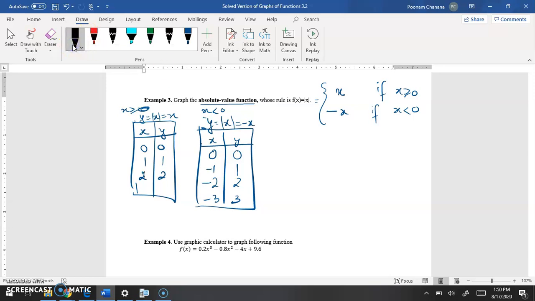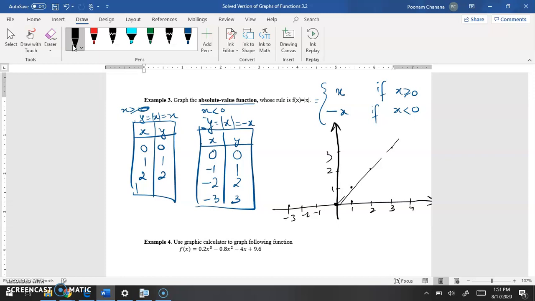Let's plot the graph now. We have our x-axis and our y-axis. At 0, the absolute value of the function is 0. At 1, it is 1. At 2, the absolute value is 2. At 3, the absolute value is 3. So join them and that is your straight line.